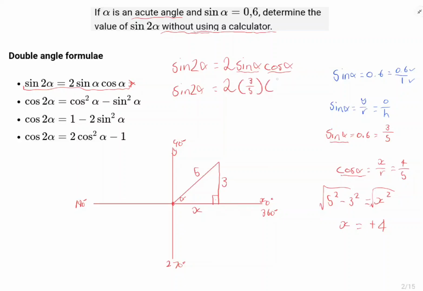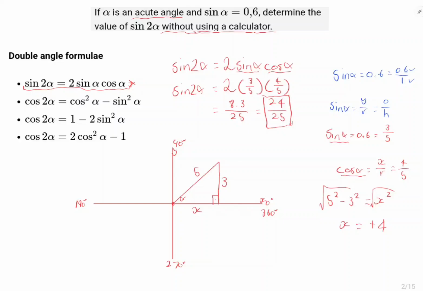Our cos A is 4 over 5. Multiply everything out. What is 4 times 2? It's 8. 8 times 3. What is 5 times 5? It's 25. What is 8 times 3? It's 24. So your final answer is going to be 24 over 25.